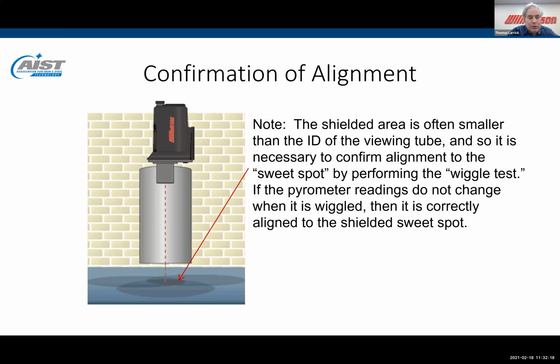And again, how do you know that you're properly aligned? You perform that wiggle test. If you wiggle the pyrometer and the reading does not change, then that's a confirmation that you're aligned to the sweet spot. If you wiggle the pyrometer and the reading changes, then that's an indication that you're getting interference from a hot background. And for the advanced pyrometer technologies, the measured temperature value should remain steady, the measured emissivity value should remain steady, and the measured infrared energy level should remain steady.